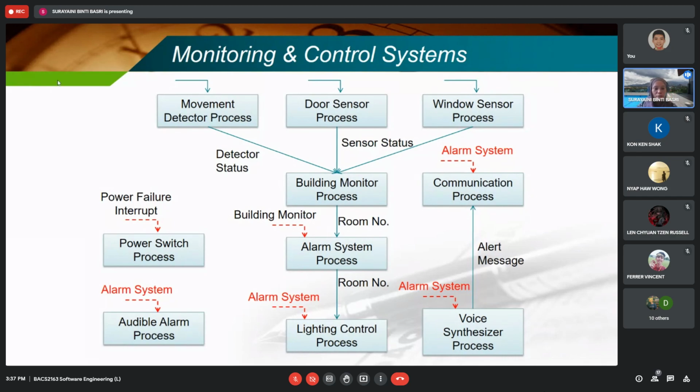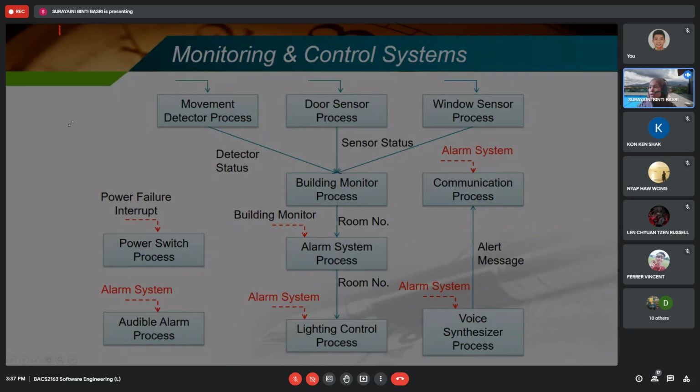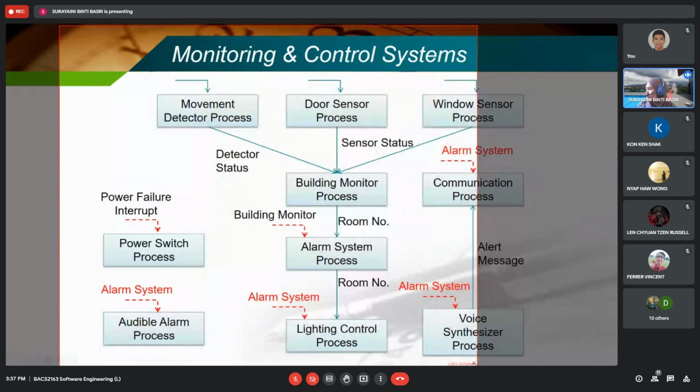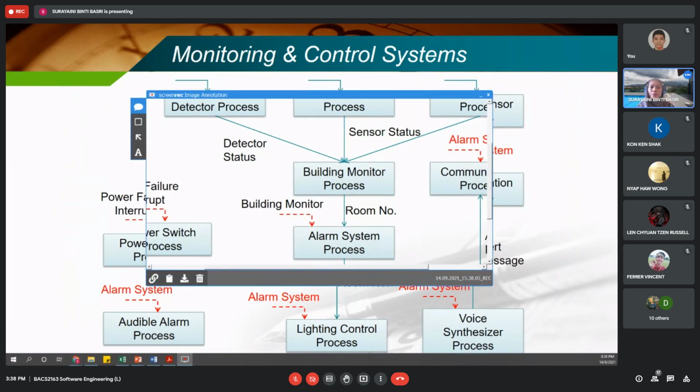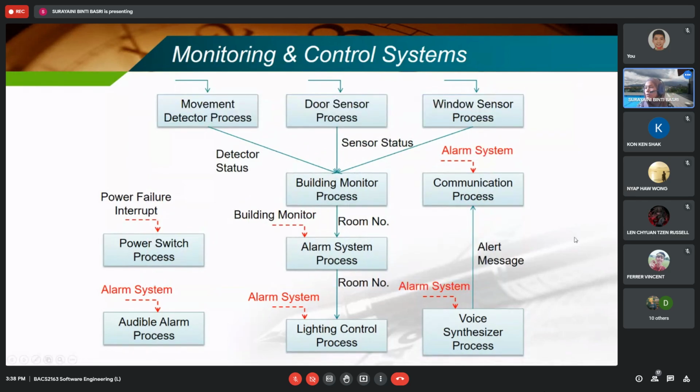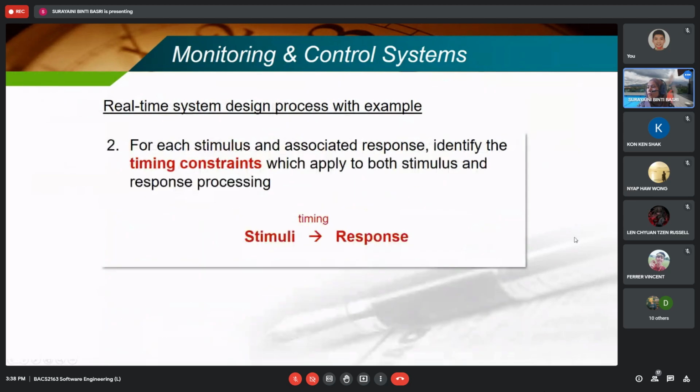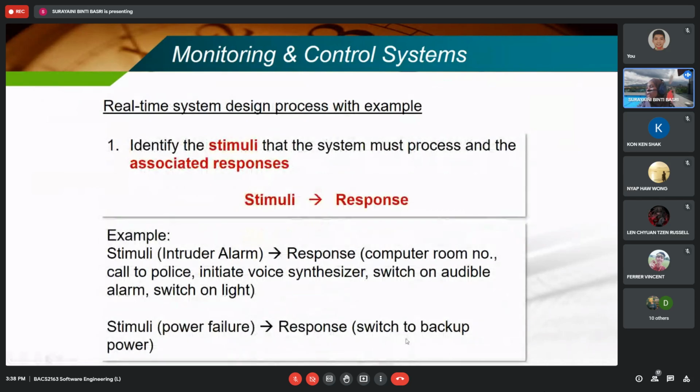Okay, so the response for the power failure interrupt maybe is to switch to backup power. Maybe there is a generator inside that building.